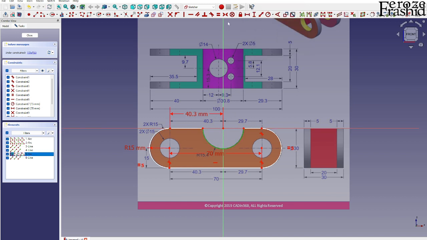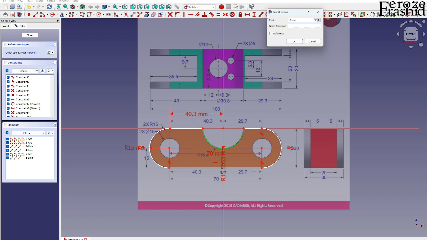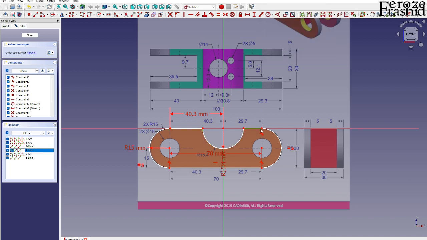This arc is 15.4 radius, and this is already given there, 29.7, so we probably don't have to do that. Then there are two circular holes at the center of the slot we just built, and these two are radius 7.5.